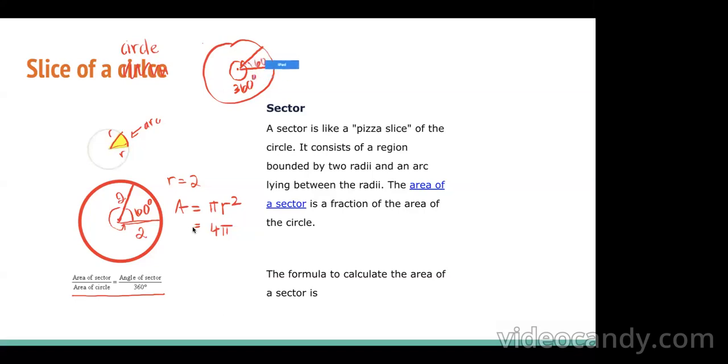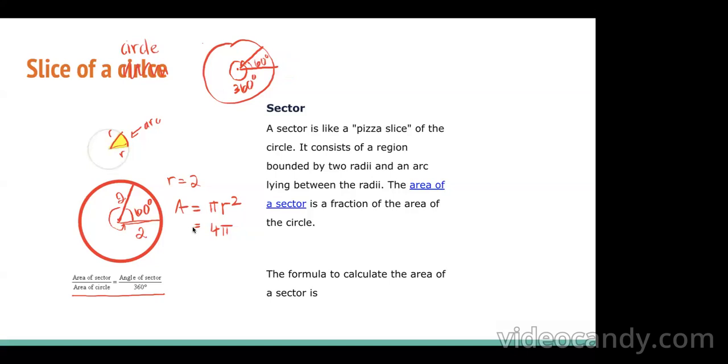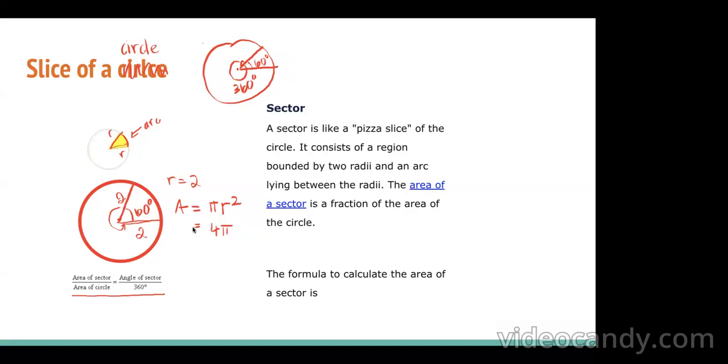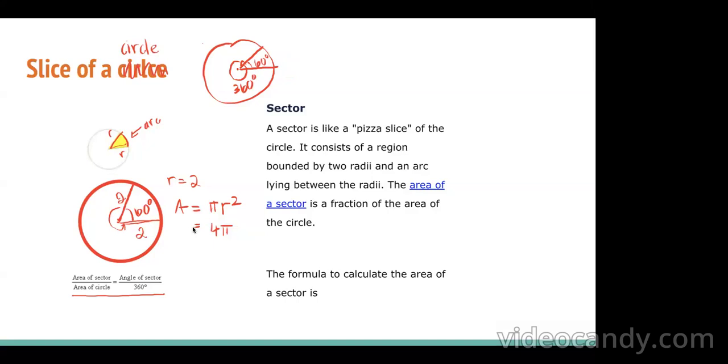If I'm taking 60 degrees out of my 360, that is the proportion of the area that I will also take out. Does that make sense? So if I have the circle that is 360 degrees and I take out 60 degrees, the area of my sector for the 60 degrees will be 1/6 of the area of the circle.